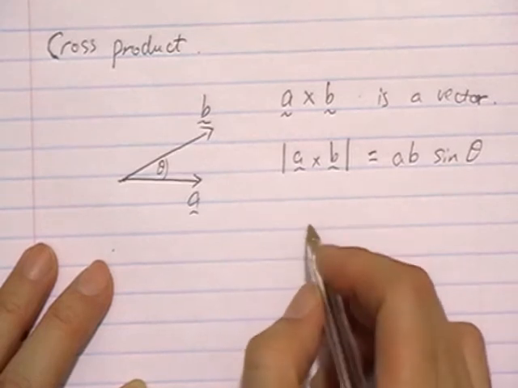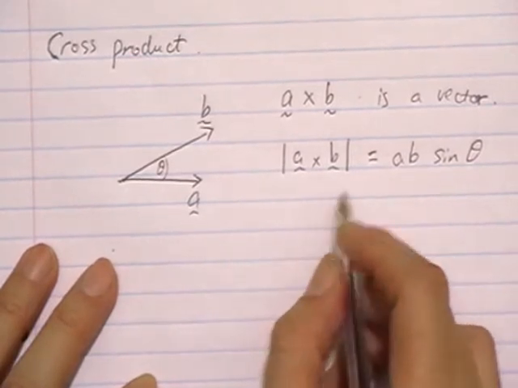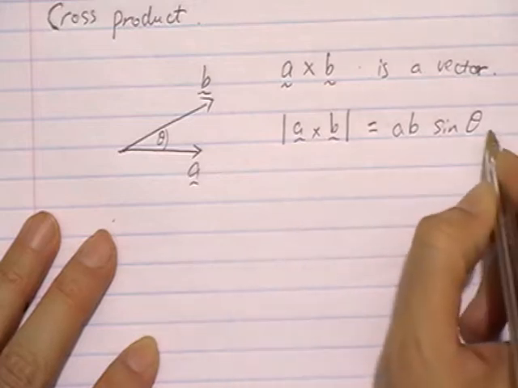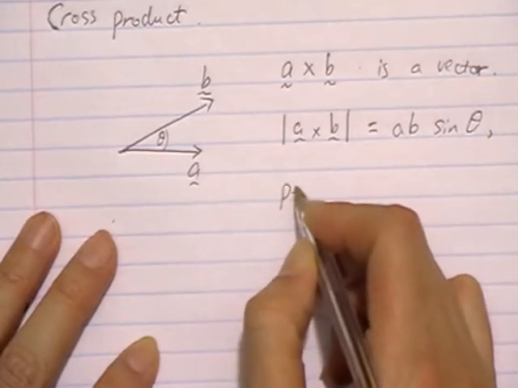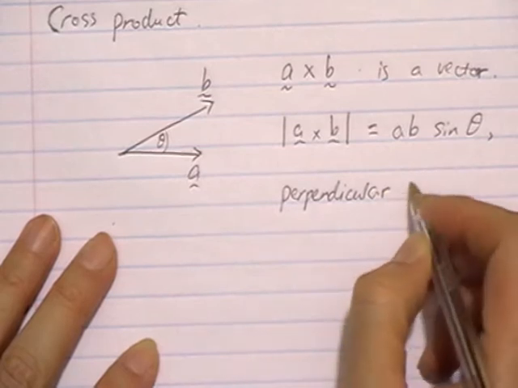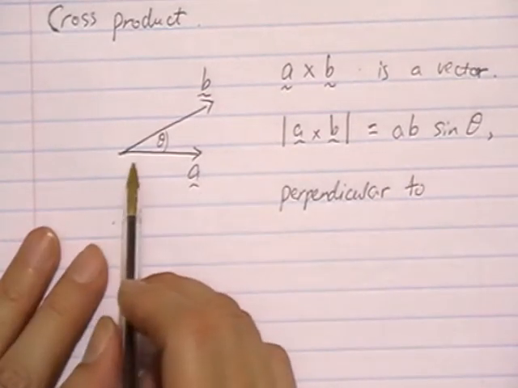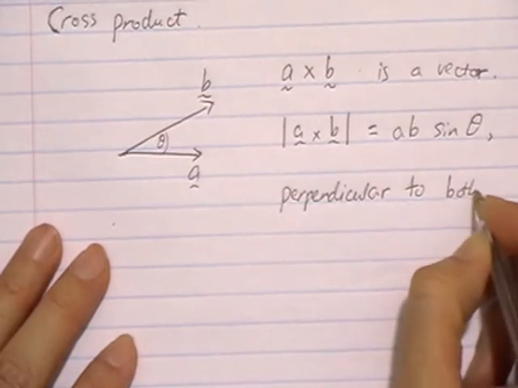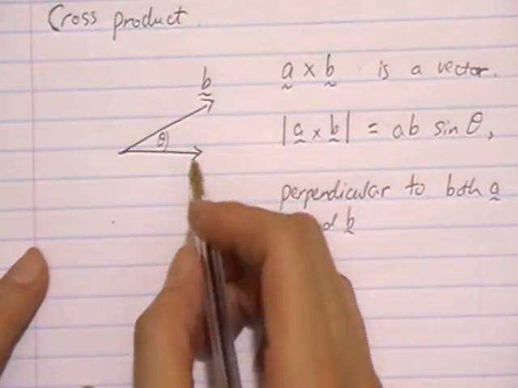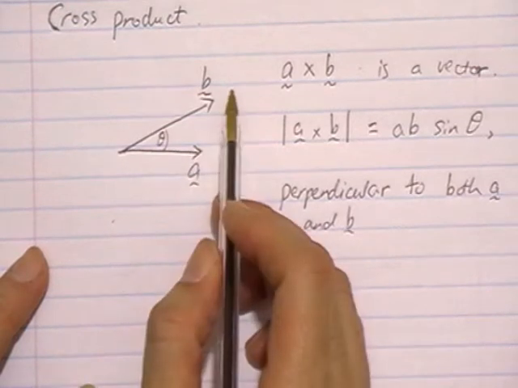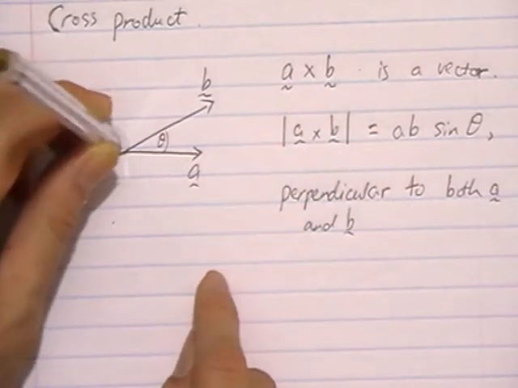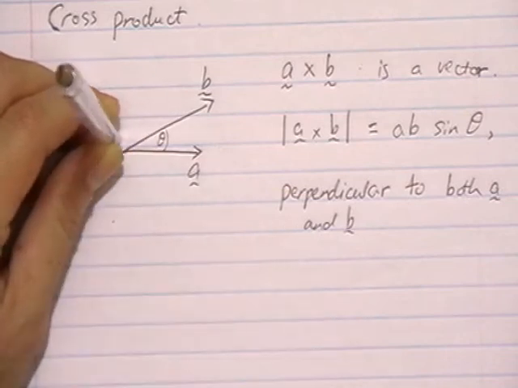And we also need to describe the direction. This vector is perpendicular to both A and B. So if A and B are on the paper, we could think that this vector A cross B is perpendicular to the paper, like this pen here.